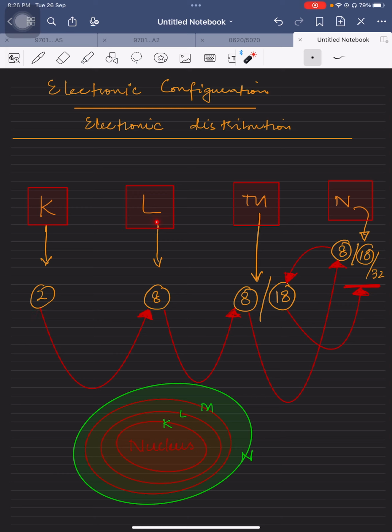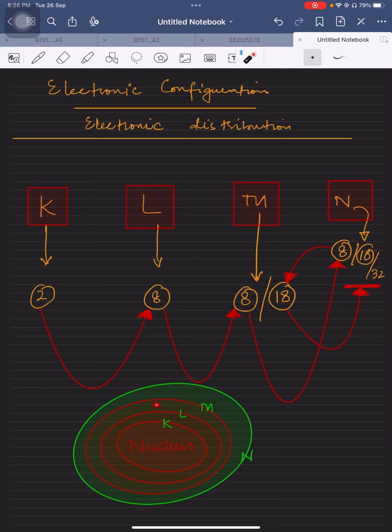Now if we are moving to the L shell, which is the second shell, what is the capacity of the L shell? It can accommodate 8 electrons. But if there are, for example, 4 electrons in the L shell, we can say that the L shell is half filled.